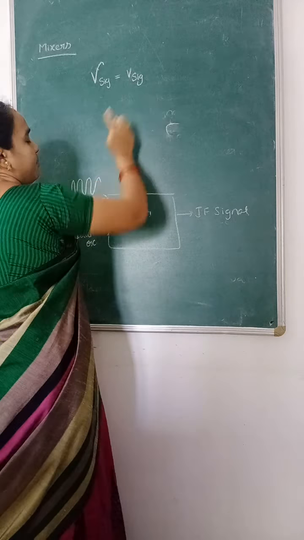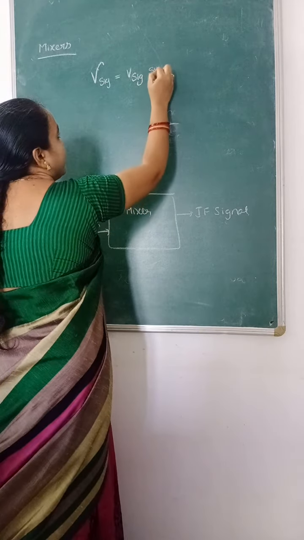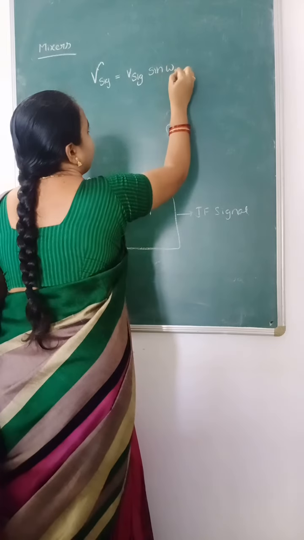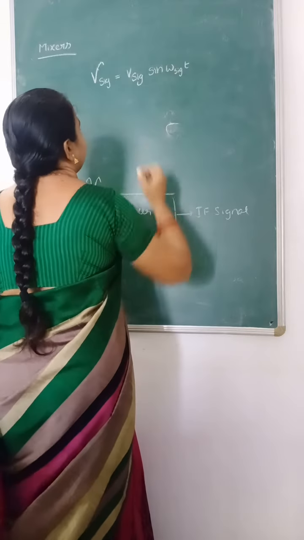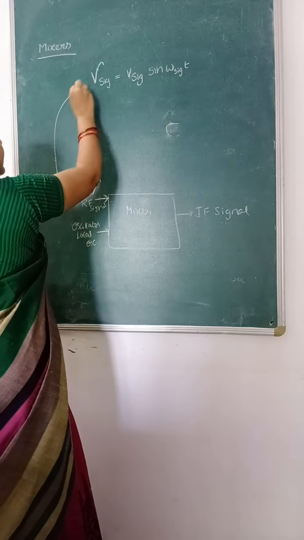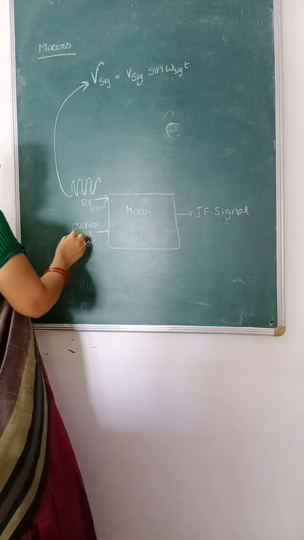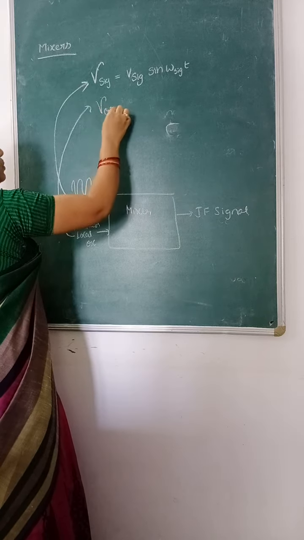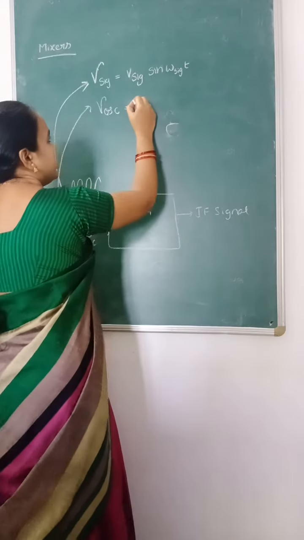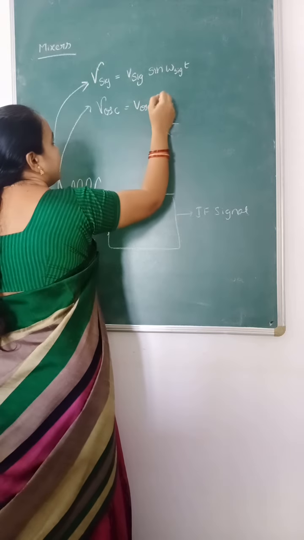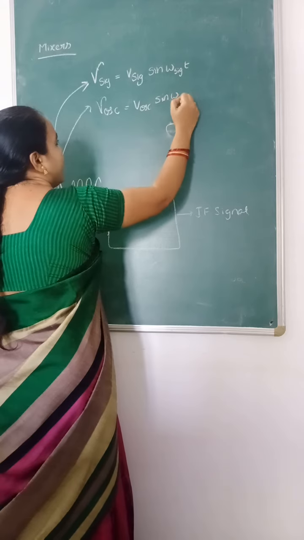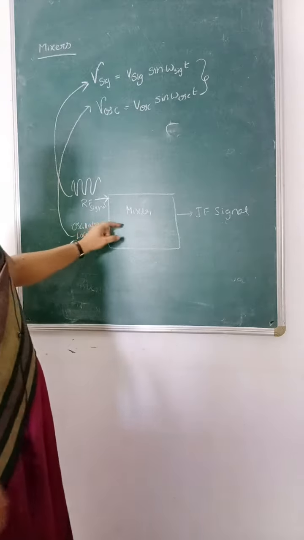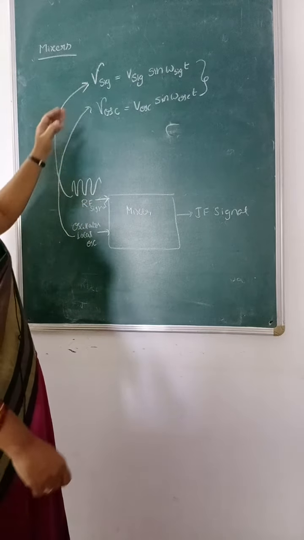V signal is the amplitude of the wave multiplied by sine omega signal into T. This is the radio frequency signal for this mixer circuit. Let the local oscillator generate another frequency. The value is V oscillator sine omega oscillator into T. These are the two input signals for the mixer circuit.